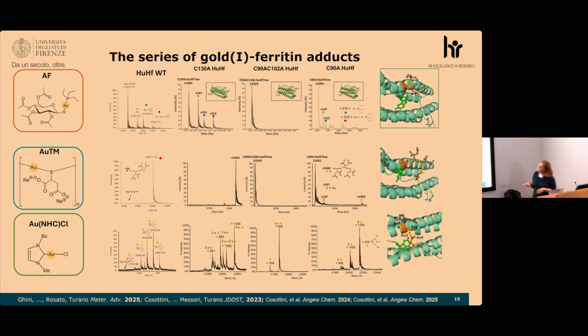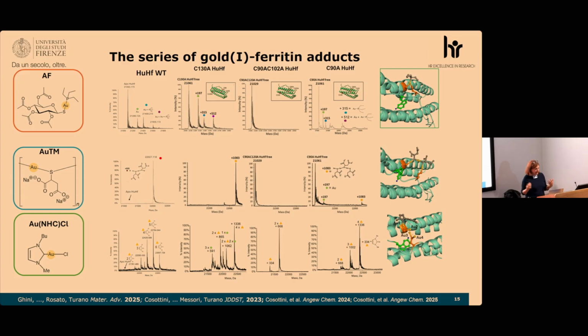So first of all, we use MS to look at the single subunit, because the treatment of this cage with electrospray induces disassembly. Okay, but combined also with trypsinization, we can monitor the type of species that are bound and also the binding site.